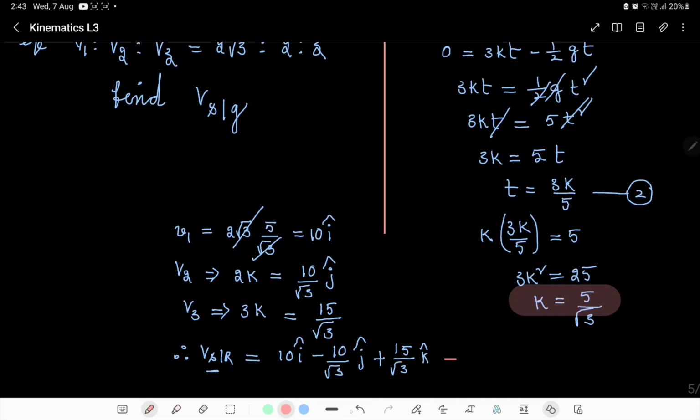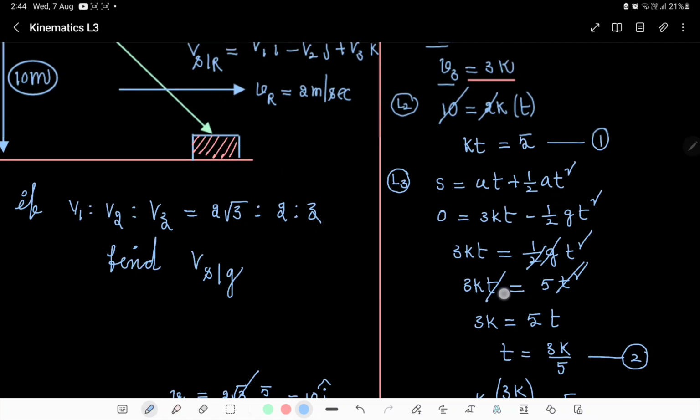The velocity of the stone with respect to the river can be written as the velocity of the stone minus the velocity of the river. Therefore, the velocity of the stone with respect to the ground will be equal to the velocity of the stone with respect to the river plus the velocity of the river.